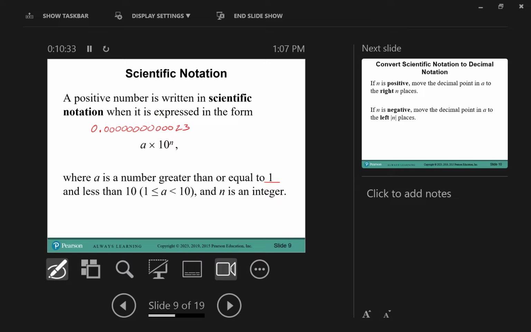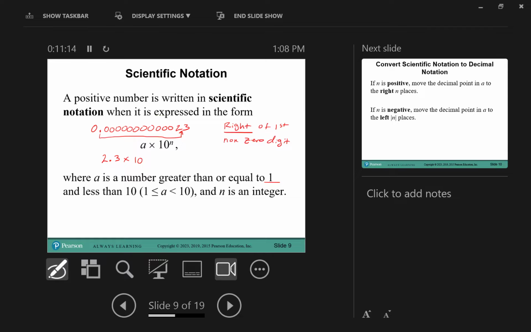So what I'm going to do is the same thing. I'm going to take this decimal and I'm going to move it all the way to the right. And this is true in both cases, to the right of the first non-zero digit. So all right, this is 2.3. But now I've got to go times 10 to whatever power is necessary to push that decimal back to the left the appropriate number of spaces.